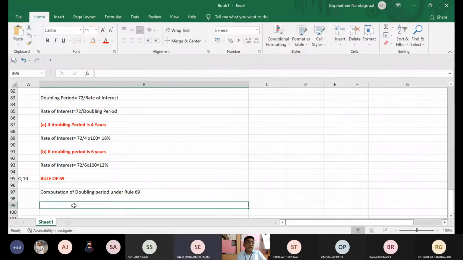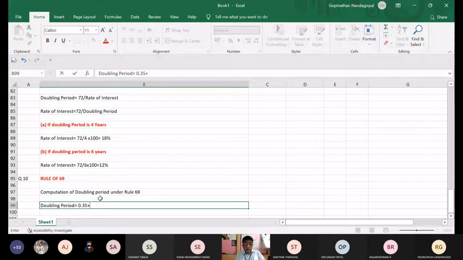Here they say 6%, 9% and 12%. So the doubling period formula will be: doubling period is equal to 0.35, a standard rate of return that is fixed, plus 69 divided by rate of interest.